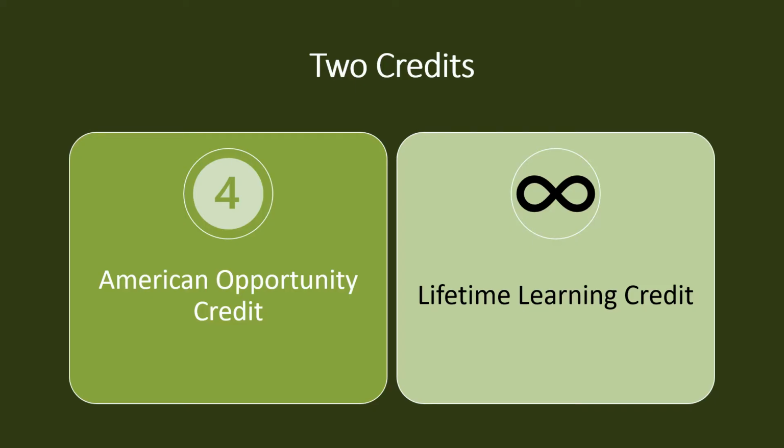Now there are two types of credits for education. There's the American Opportunity Credit and the Lifetime Learning Credit. And just so you get the symbols on the slide, the 4 is because the American Opportunity Credit can be taken for 4 years, for the first 4 years of post-secondary education, and the Lifetime Learning Credit can be taken for as many years and for more than just the first 4 years of post-secondary education.